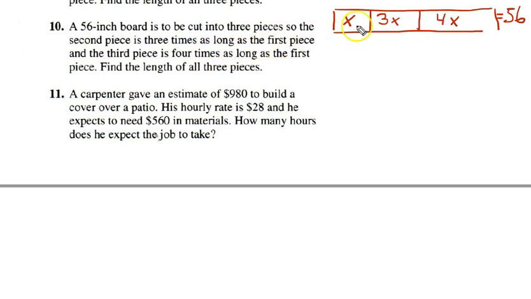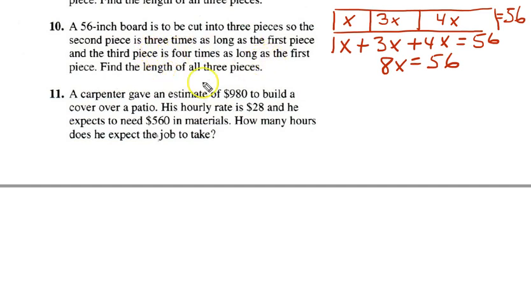You see, this is very similar to the previous one. So we just add them all up. X plus 3x plus 4x equals 56. You need to remember there's a 1 that we don't write. So this is going to be 8x then equals 56. You divide both sides by 8 and then you go on from there. But we're looking to convert English into algebra.